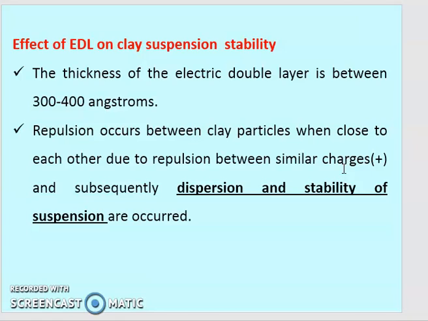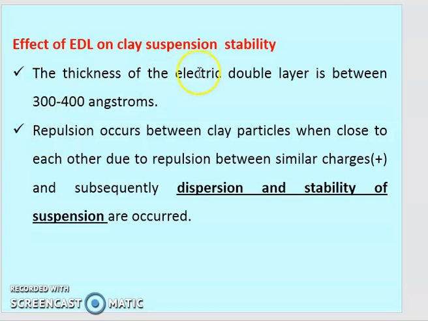So when particles approach each other, the repulsive force is conducted, and subsequently dispersion and stability of the suspension occur. So the repulsive force is dominant when the thickness of the double layer is between 300 to 400 angstrom.